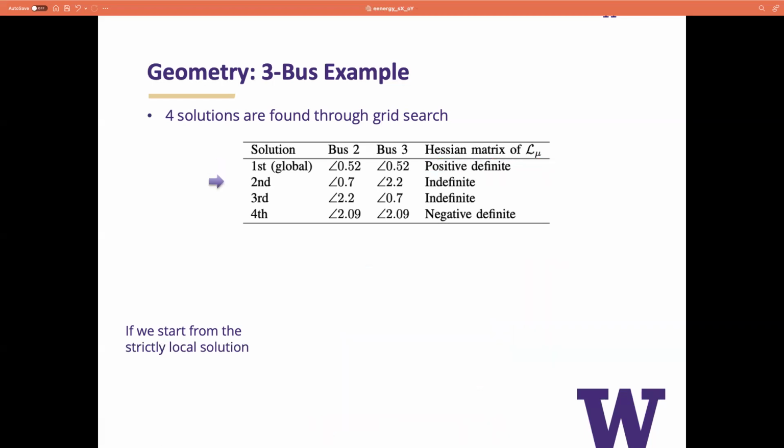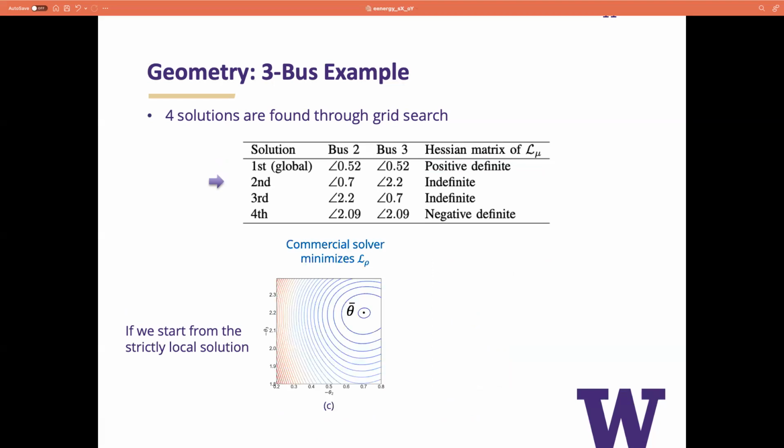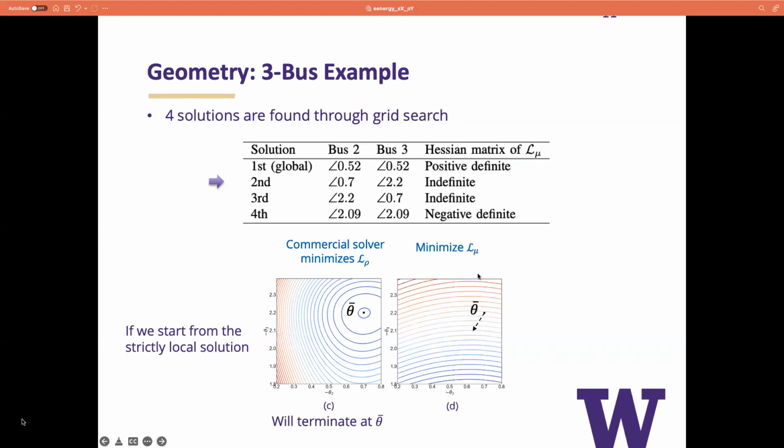Now let's start from the local solution, where the Hessian matrix of the partial Lagrangian is indefinite. For the penalized problem, the contour is still a valley, so the solver will be trapped at the bottom of this valley, which is a local solution. If we look at the proposed algorithm, we are using the minimizer of the partial Lagrangian as an initial point.